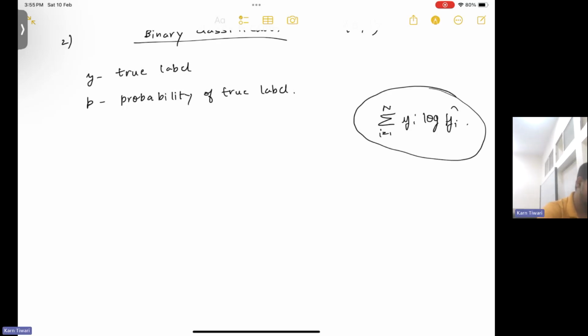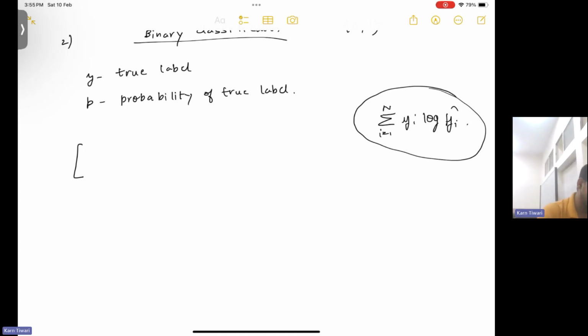Here we are having two classes. Y is the true label, which can be either 0 or 1, and p is the probability of the true label.